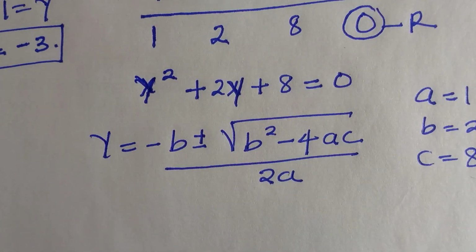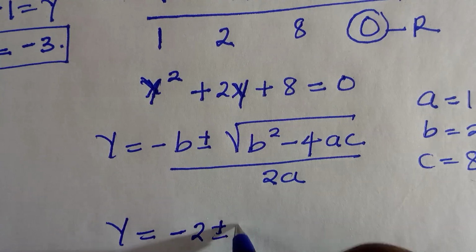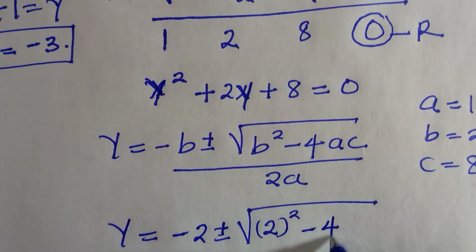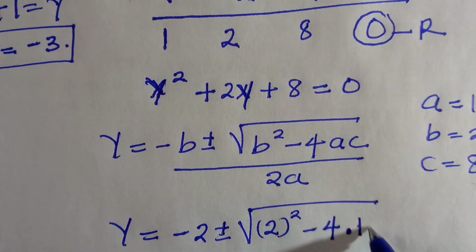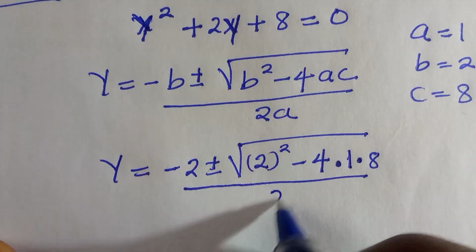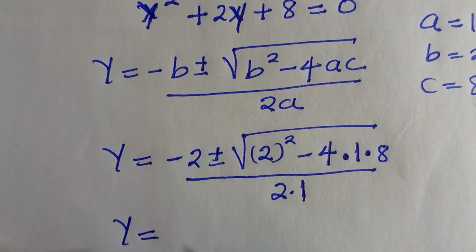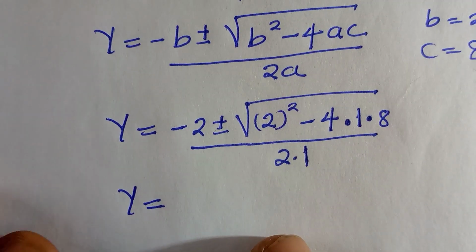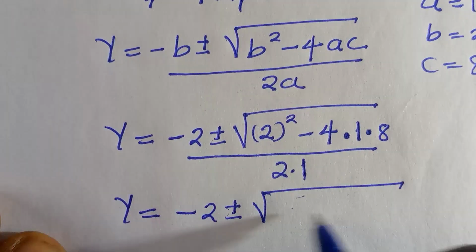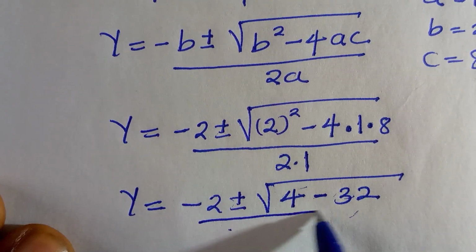We start putting all these parameters in this formula. y equals minus b, so minus 2, plus or minus the root of b squared, which is 2 squared, minus 4 times a, which is 1, times c, which is 8, everything divided by 2 times 1. Let's evaluate this. We have y equals minus 2 plus or minus the root of 4 minus 32, divided by 2.